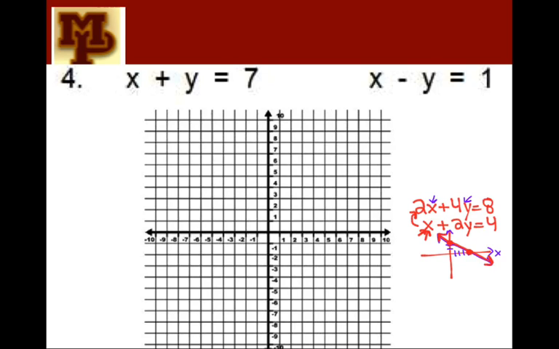So the solution to this is infinitely many solutions. Infinitely many. And it's actually any ordered pair that falls on the line itself. So it's not the same as all real solutions. It's only the ordered pairs that are actually on the line itself.